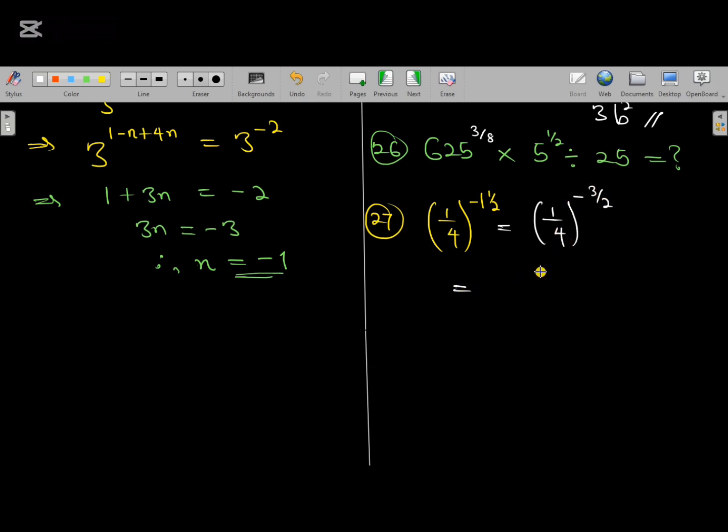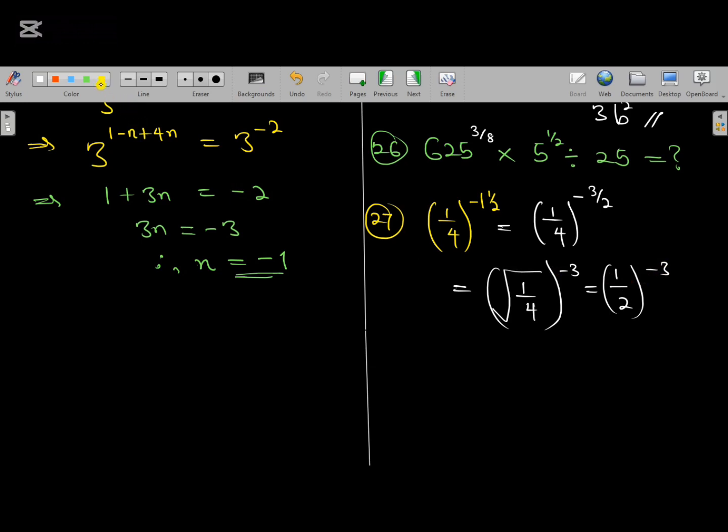Clearly you can see, you can turn these two to square roots, and that will help you since we can easily evaluate the square root of this. So this will be square root of 1 over 4, all raised to the power of minus 3. What is square root of 1? It is 1. What is square root of 4? It is 2. So everything is raised to the power of minus 3.